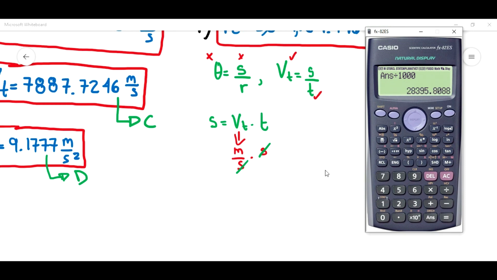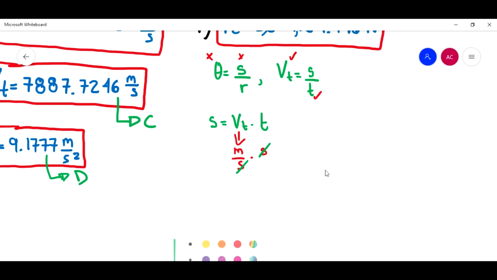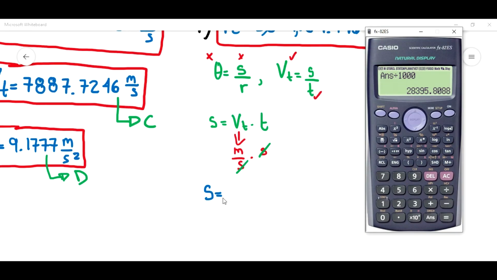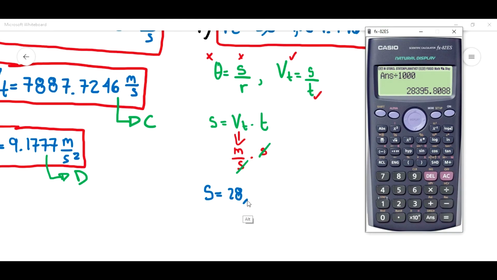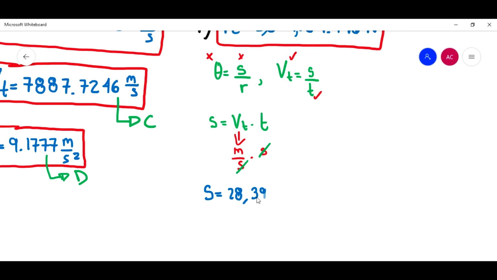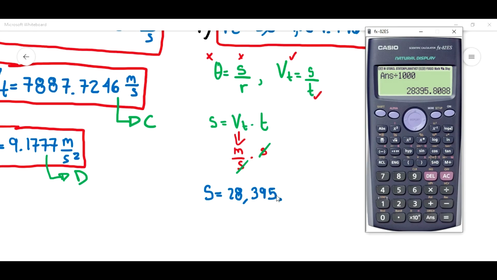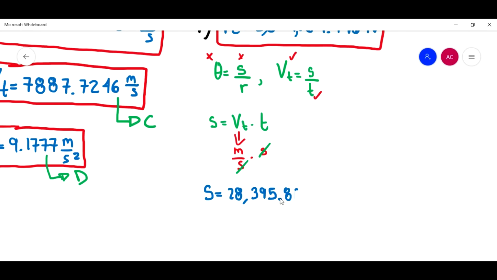So the distance traveled by the International Space Station in 1 hour is 28,395.88 kilometers.